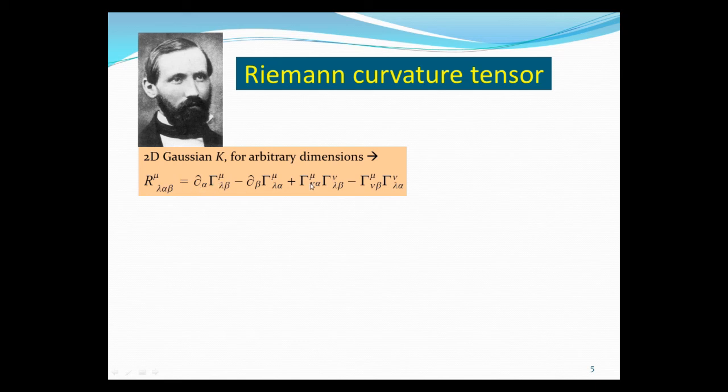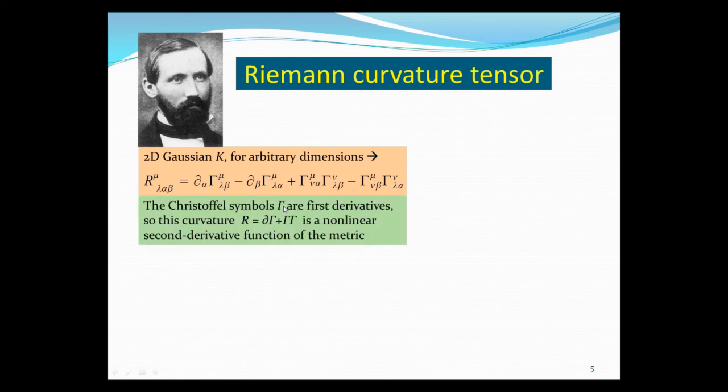Each side has the matched indices, mu, lambda, alpha. Of course, Christoffel symbols are first derivatives of the metric. Therefore this is a nonlinear second derivative of the metric, because I have the square term and the linear term.